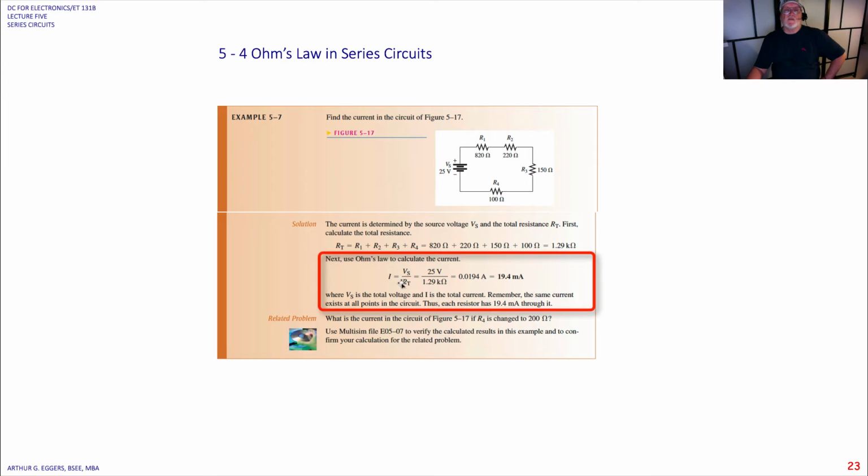This is where V source is the total voltage applied to the circuit, and I is the total circuit current. So if we go back to our rules, we know that each resistor will have 19.4 milliamps of current flowing through it.